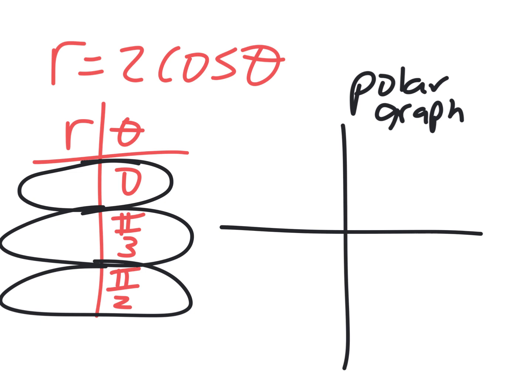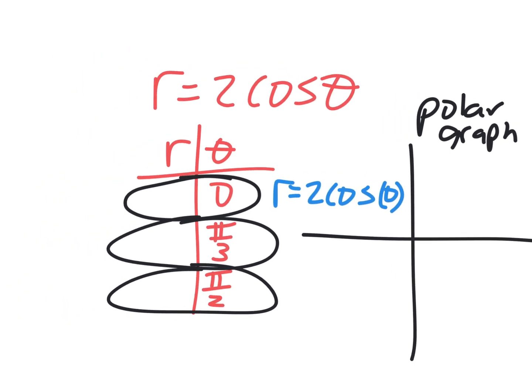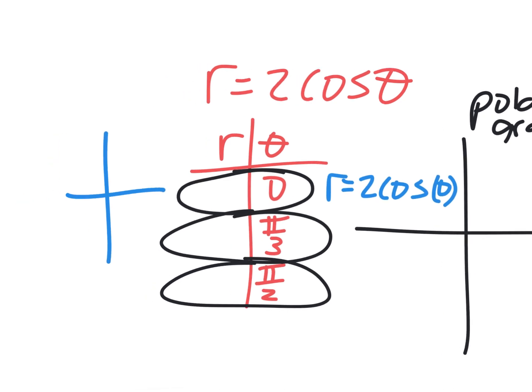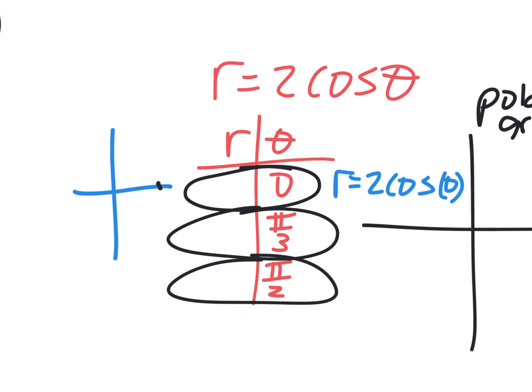All right, in case you're like, I don't know what to do here, let me help you. This one is r equals 2 cosine of, well, it says 0, so it's 0. And to find cosine of 0, I'm going to go over here and do my quadrantals, because a lot of times we pick quadrantals because they're nice, because they always come out to 1s or 0s.